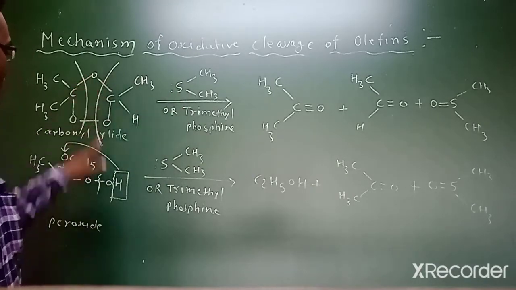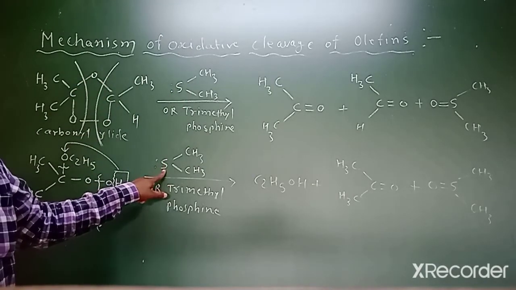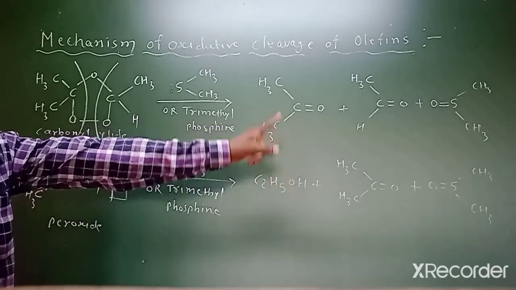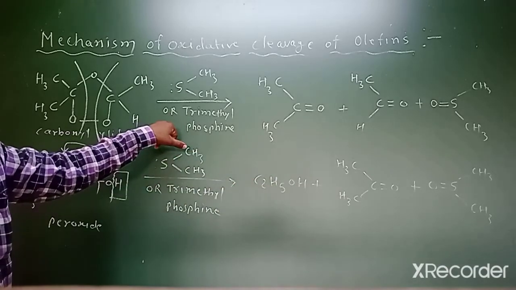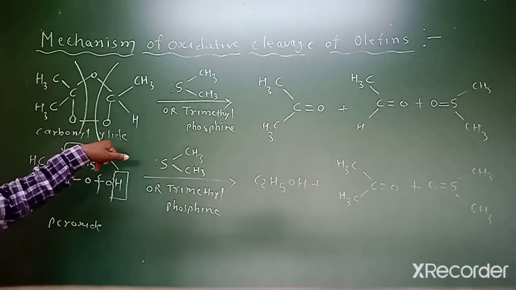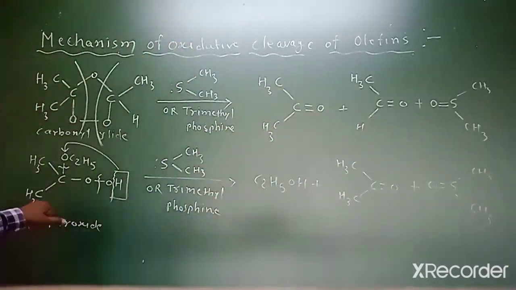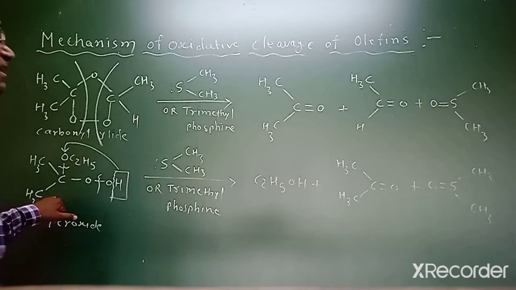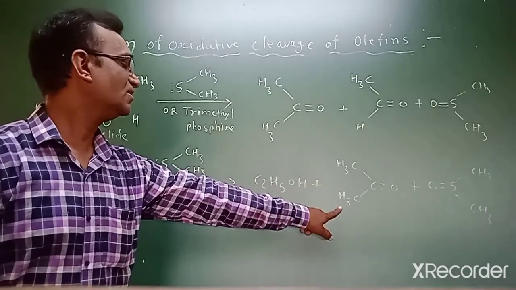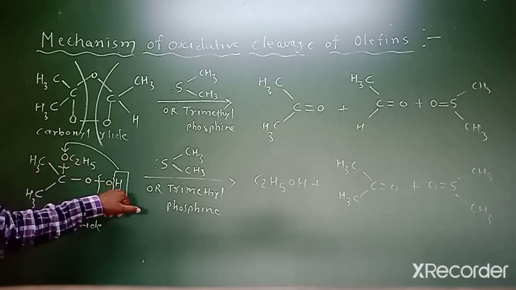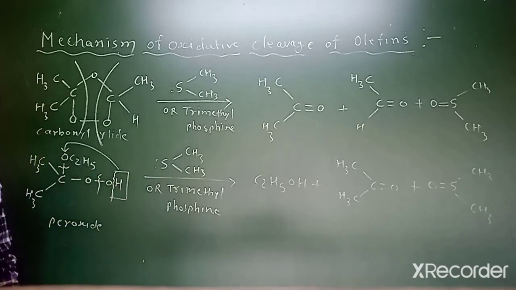That means this oxygen gets attached to sulfur to form CH3 S double bond O CH3 in both the cases. And here the breaking of bond takes place like this to form acetone and acetaldehyde. Here there is formation of only acetone with C2H5OH. In such a way, the mechanism of oxidative cleavage of olefins takes place.